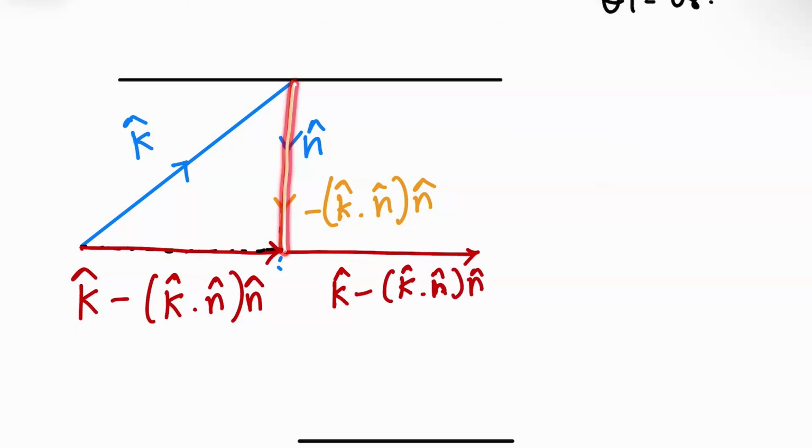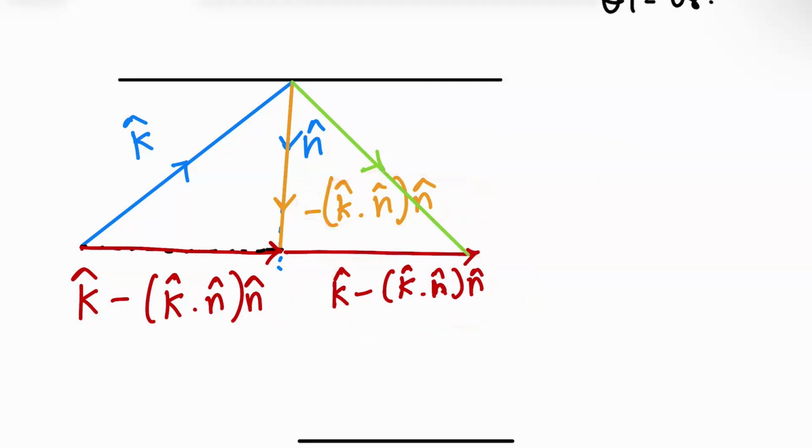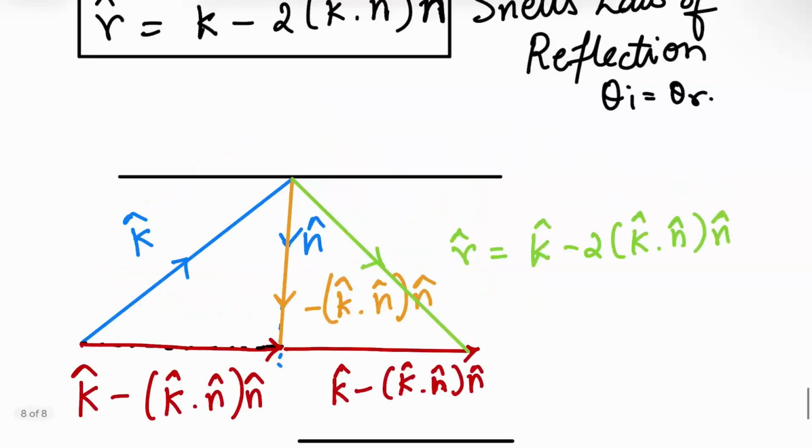Now I add this one and this one, and that gives me this vector, so I'll use a different color. This one would then be this plus this, which is exactly equal to r hat, which I call r hat, which is k hat minus 2 times k hat dot n hat times n hat. Okay, and that's what we've shown here.